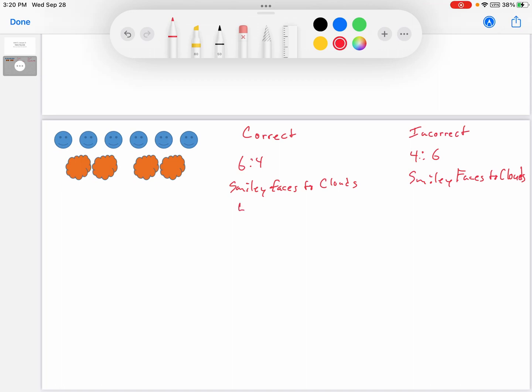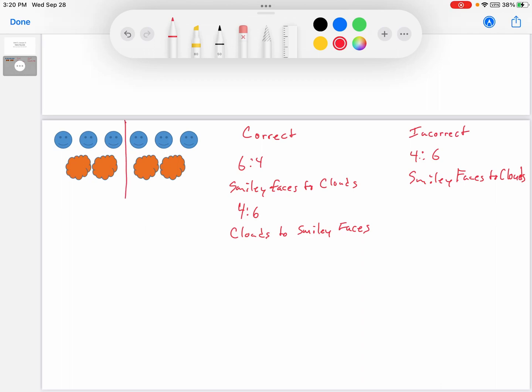Also correct, 4 to 6 would be clouds to smiley faces, because if there are 4 clouds and 6 smiley faces, then that works out. The numbers are in the correct order. We can also simplify. What divides into both 4 and 6 is 2.